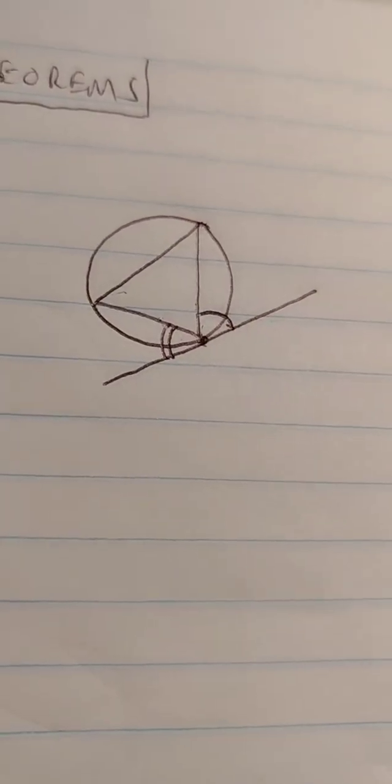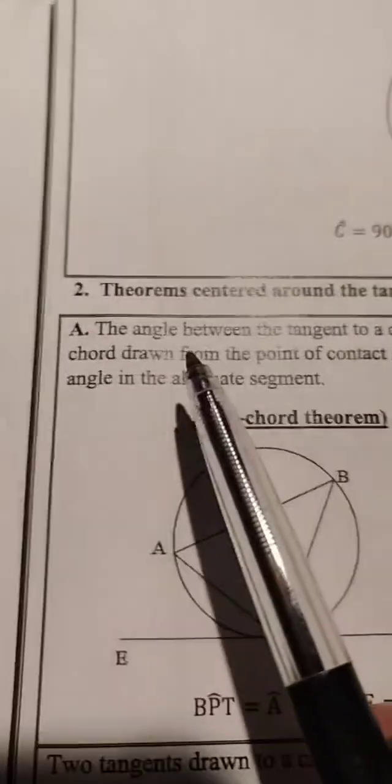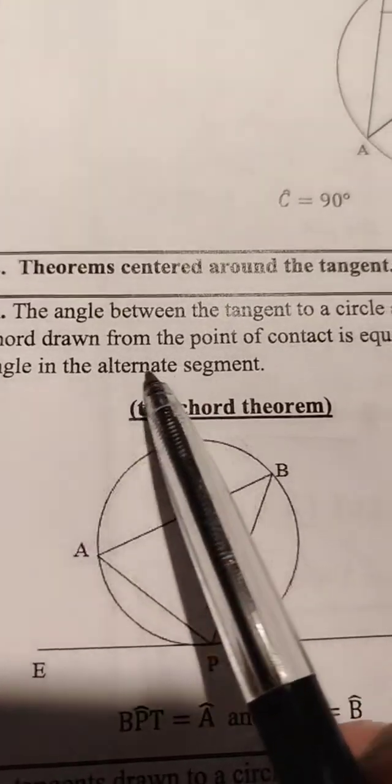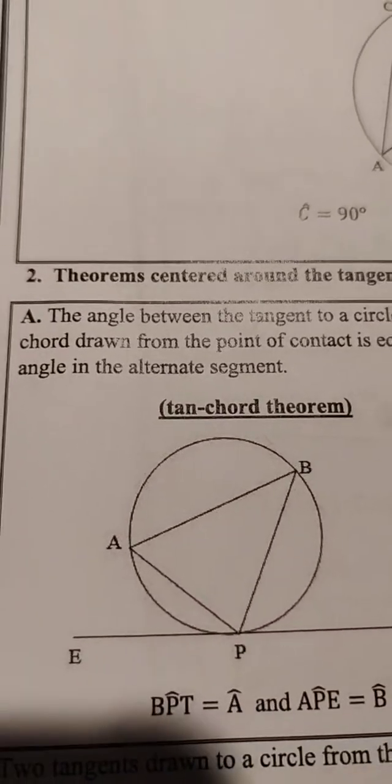This is for grade 11, guys, specific to grade 11, foundational for grade 12. The angle between this tangent and that chord, the angle formed, drawn from the point where the chord and the tangent meet, meaning at the point of contact, is equal to the angle in the alternate segment.